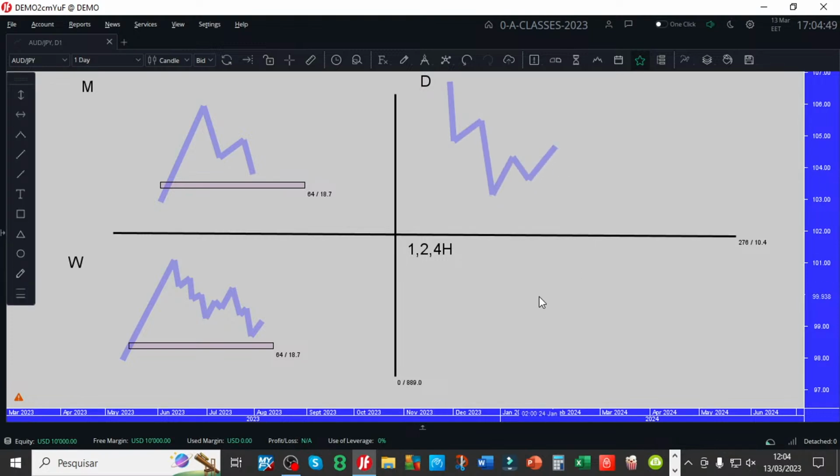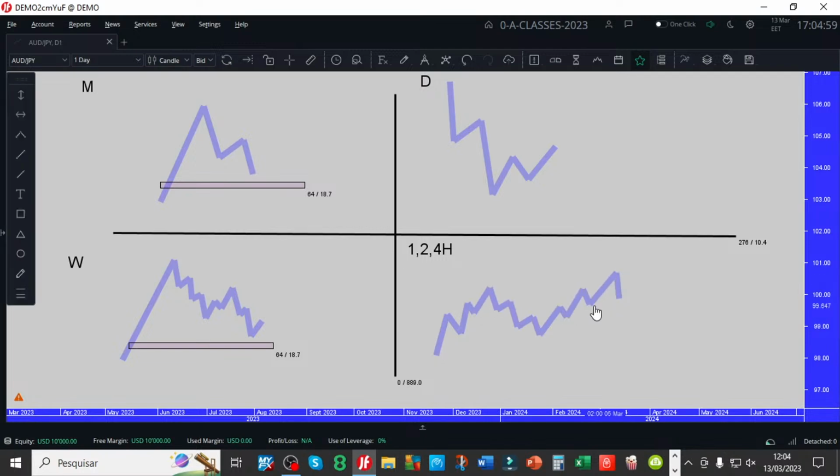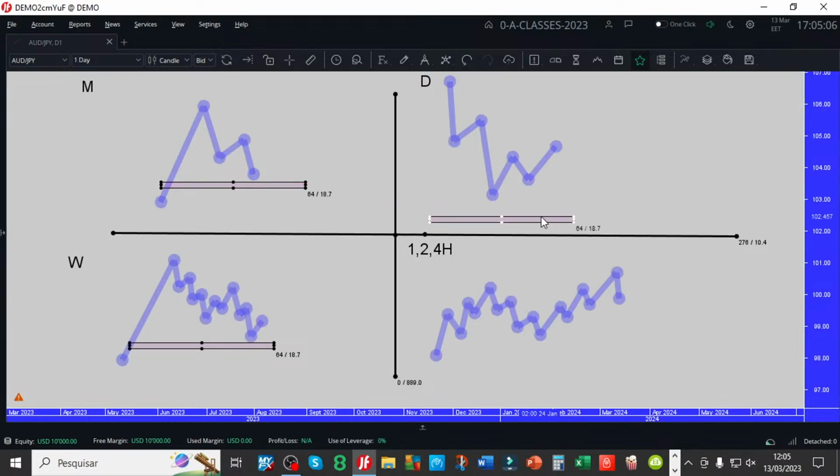And then we have the 1 hour, 2 hour chart, higher highs, higher lows, lower lows, lower highs, lower lows, lower highs, higher lows, higher highs, higher lows. And the market is here. And pivot point, right? Pivot point is down in here somewhere.